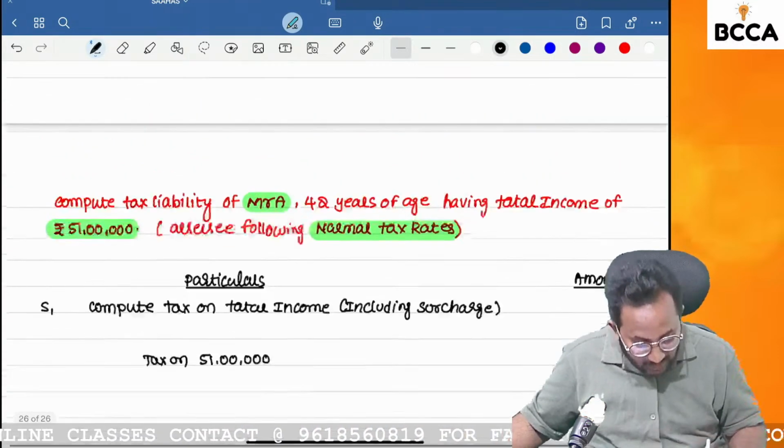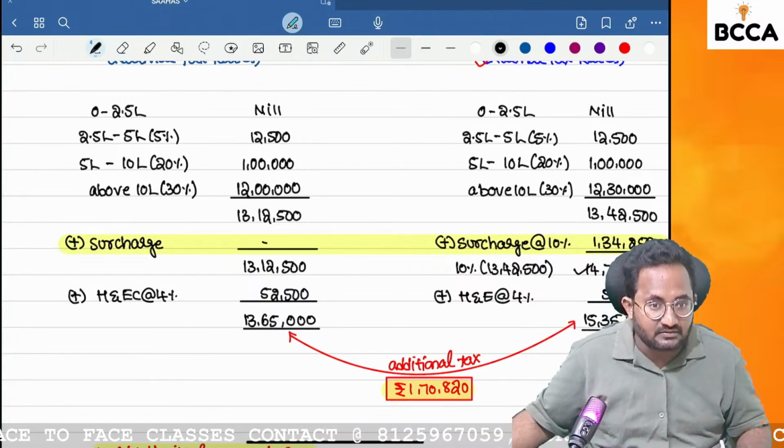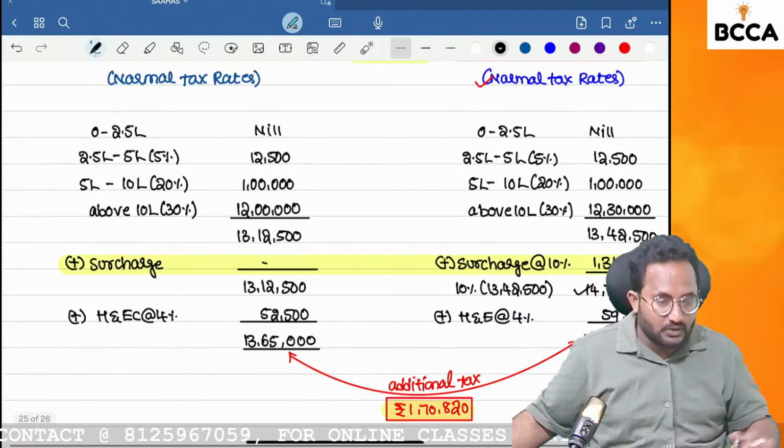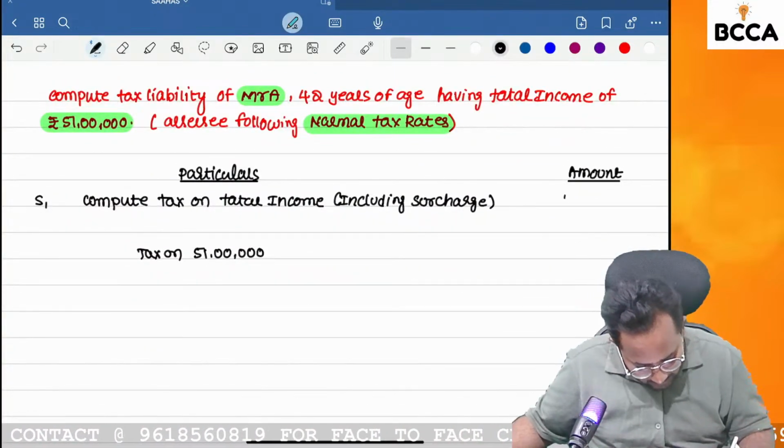Okay. But we have already calculated it. What is that amount? 14 lakh 76,750. No need to add health and education cess up to surcharge.